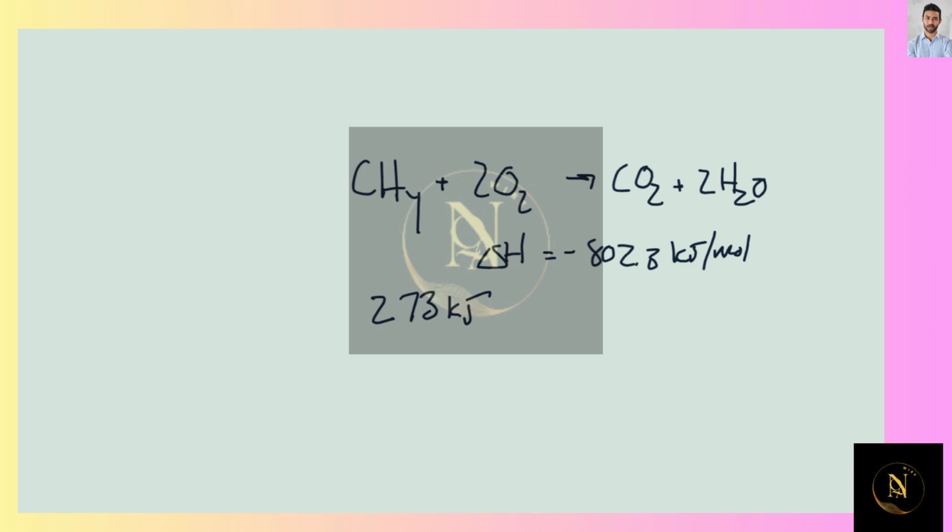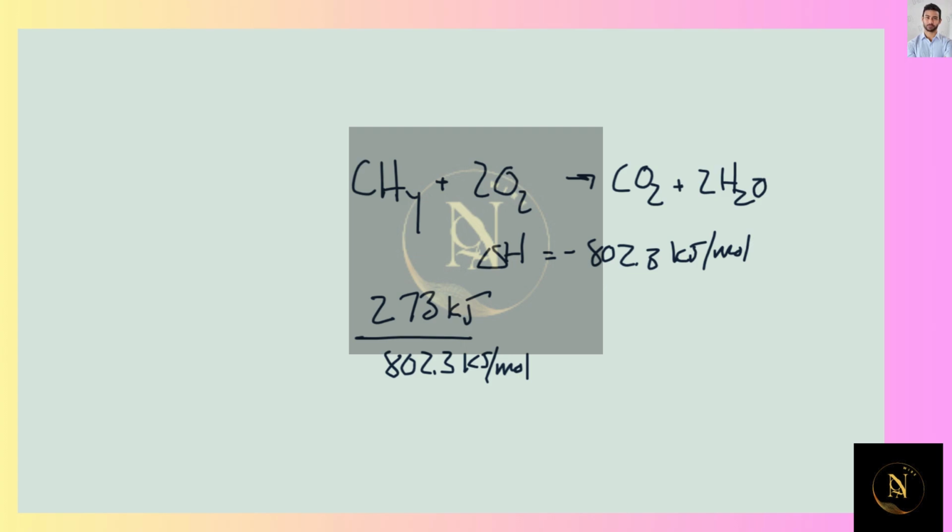That is, we can simply take this 273 kilojoules, divide it by 802.3 kilojoules per mole. And note that I'm not including the negative sign here because we're talking about generating 273 kilojoules of heat, and this negative sign simply tells us that the reaction generates heat.